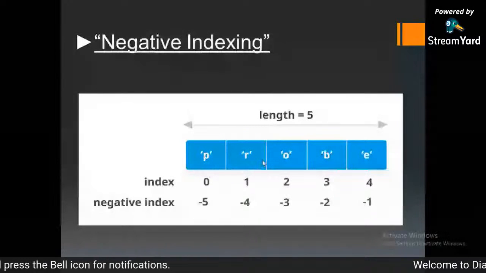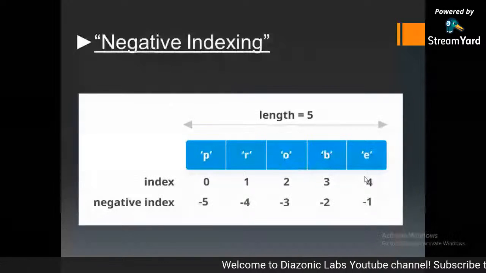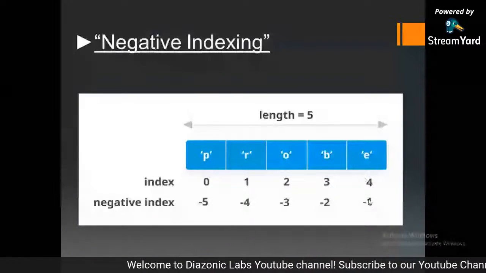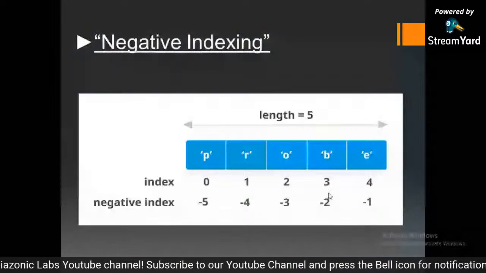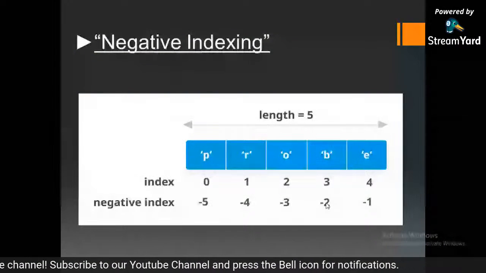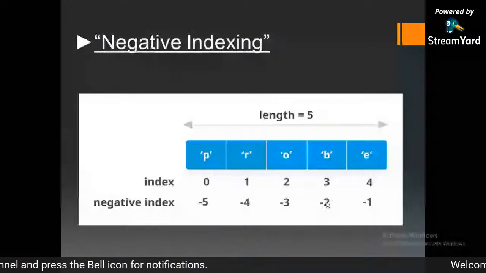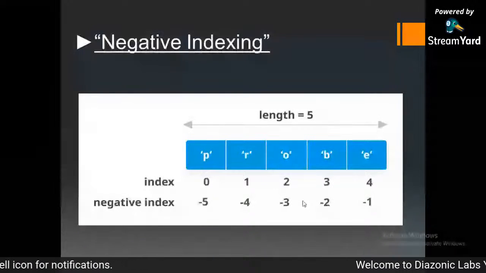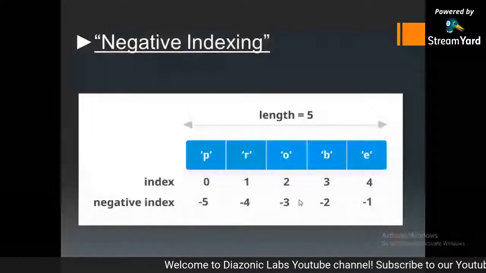So the length of the list is 5. The last element of the list is assigned to the index -1, and its adjacent element is assigned to the index -2. So the negative indices are considered from the right to left. So let's have a look at some examples where we will use negative indexing to access the elements of the list.